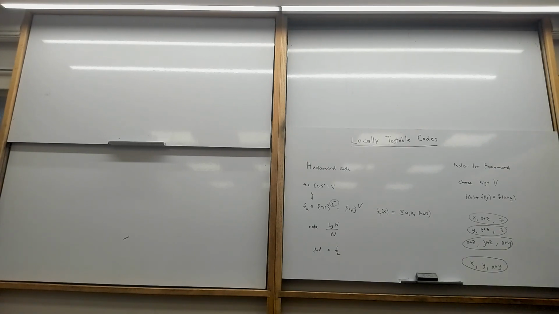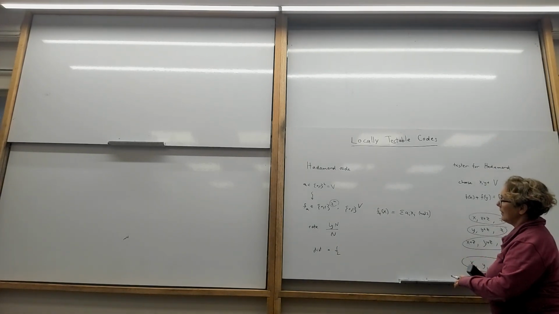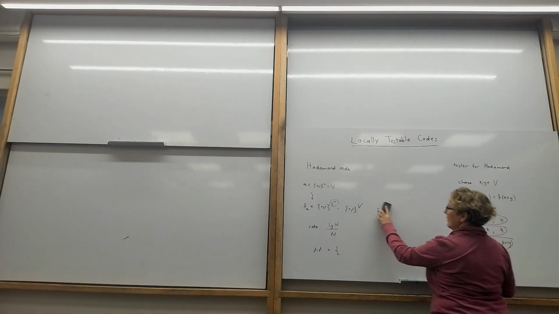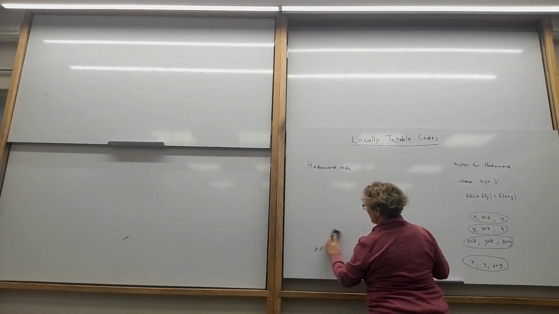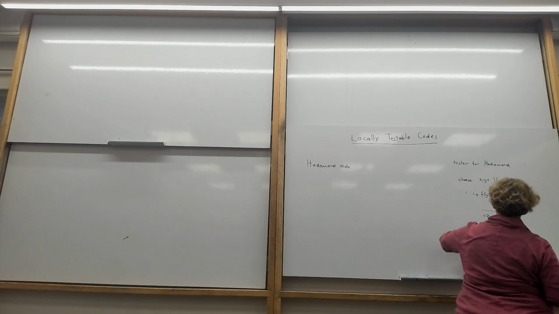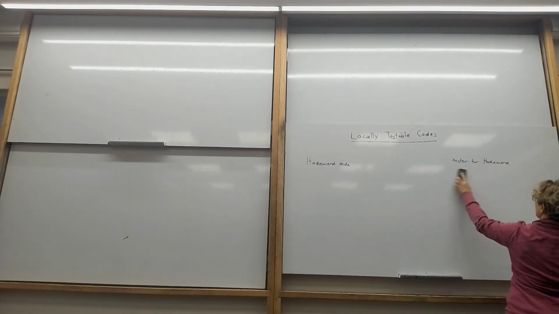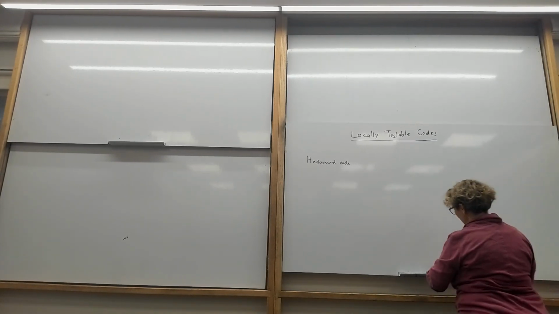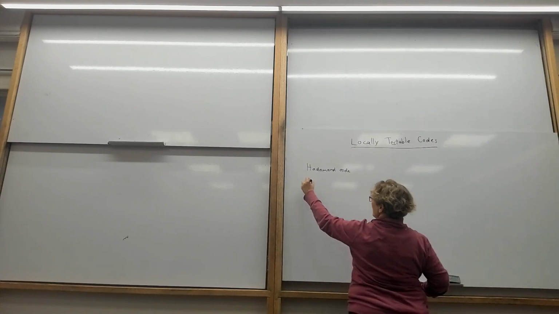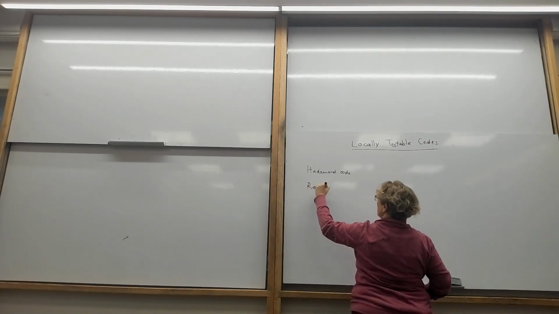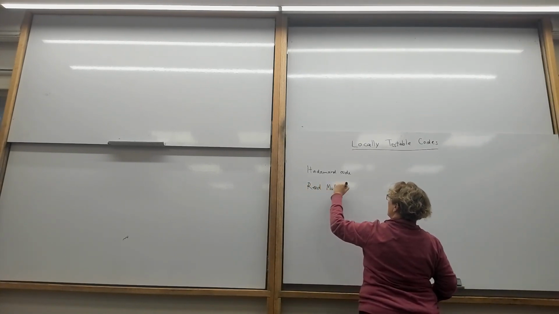So the Hadamard code is one example of a locally testable code, actually the first one that people looked at. And a very natural generalization of this is the Reed-Muller code.